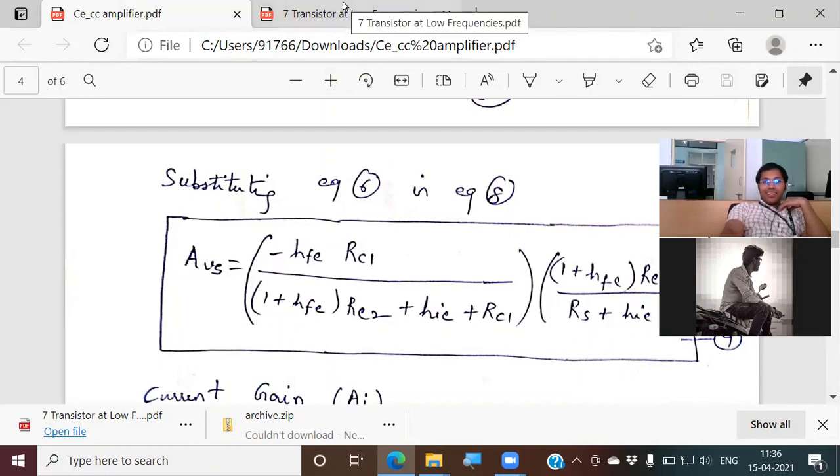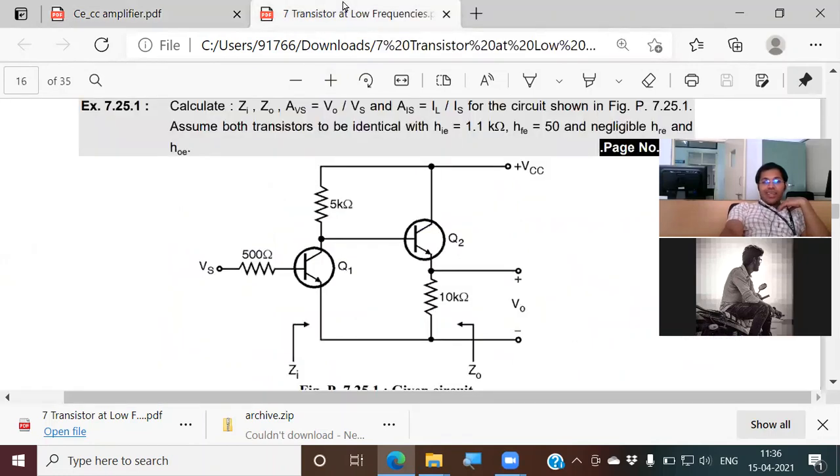So first, let us note down. All of you take pen and paper. I repeat, all of you take pen and paper. Note down the values in your notebook.